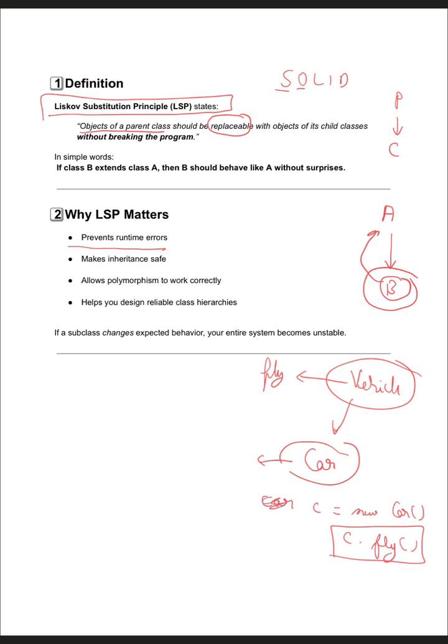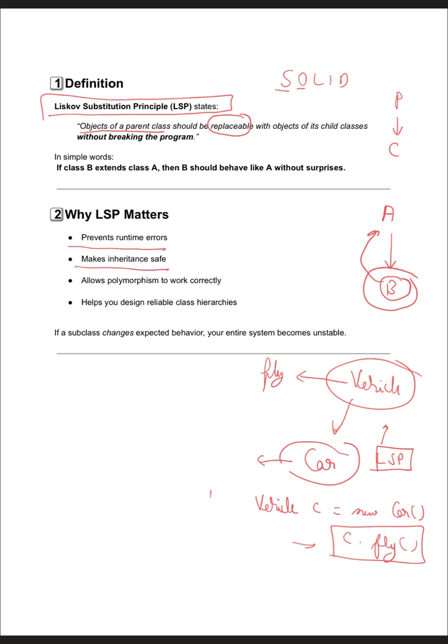Or maybe, usually we write it like this: if it's a parent class which is vehicle, and you are doing c dot fly, even this will fail because your car cannot fly. So in this case you are not following LSP, the Liskov substitution principle, because you are breaking your code.